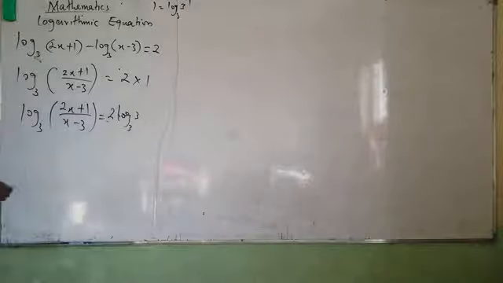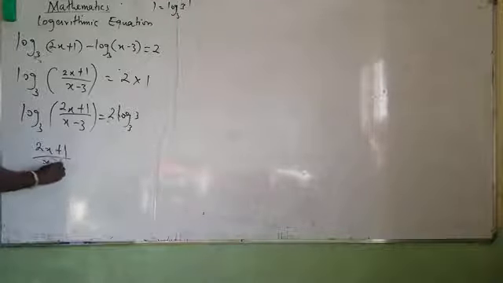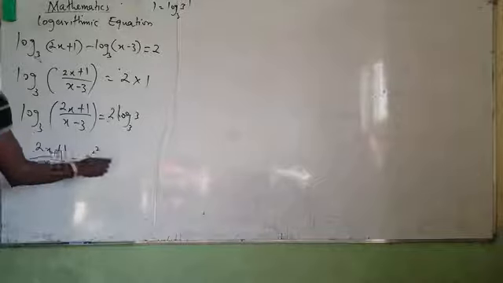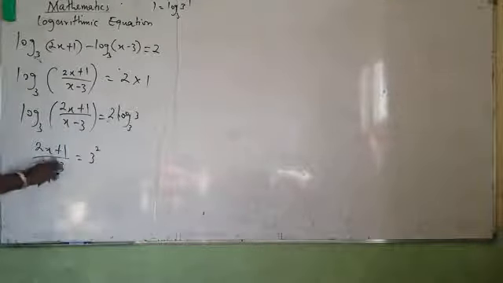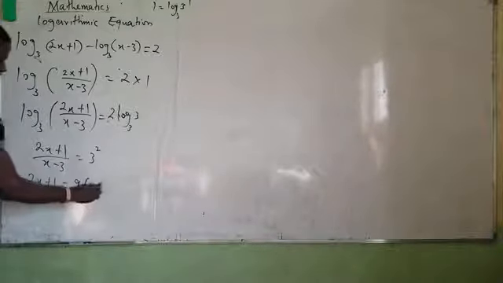Now, since the bases are equal, I can write 2x plus 1 divided by x minus 3 equals 3 raised to the power 2, which is 9. 2x plus 1 equals 9 bracket of x minus 3.